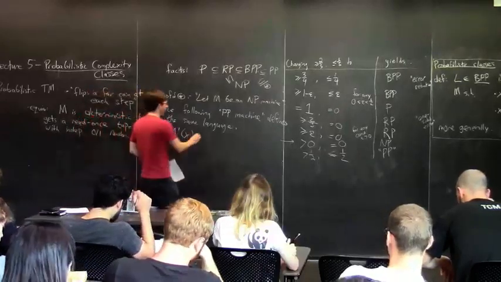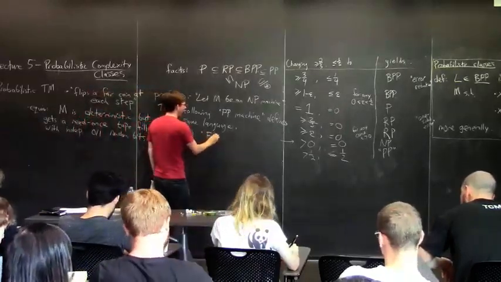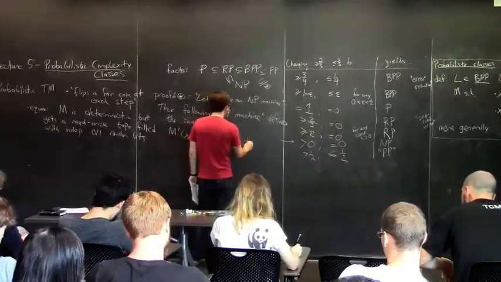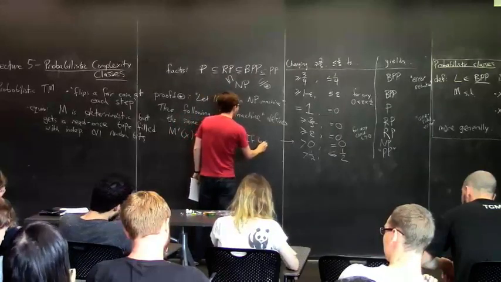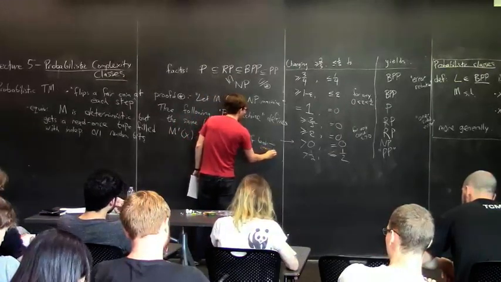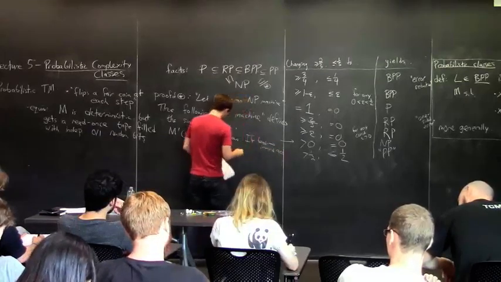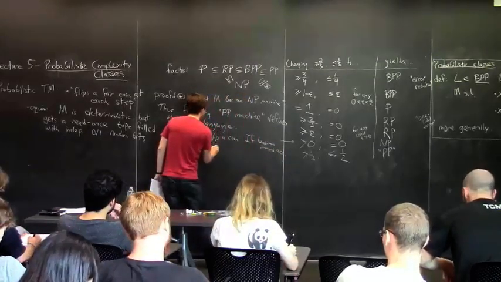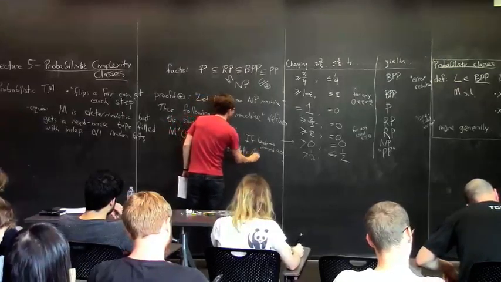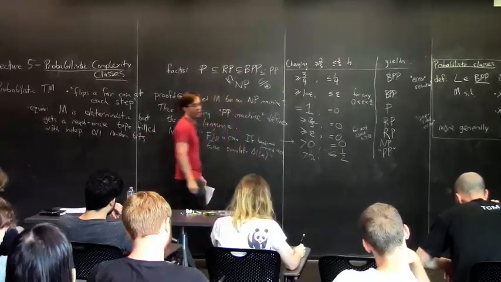And so the idea is that the first step of the algorithm is to flip a fair coin. And if it's heads, just immediately accept. Else, simulate M of X and do what it does.